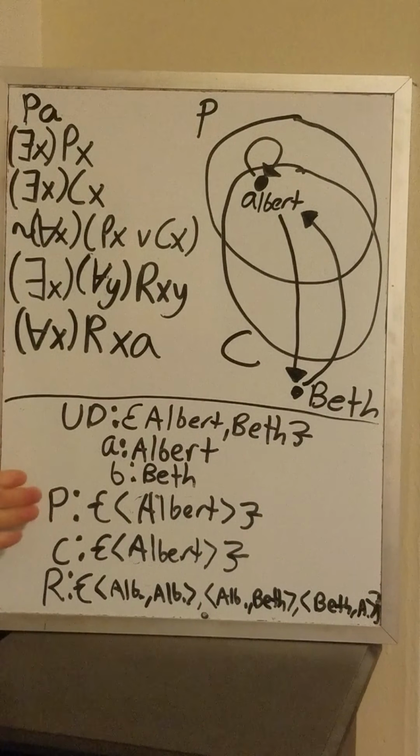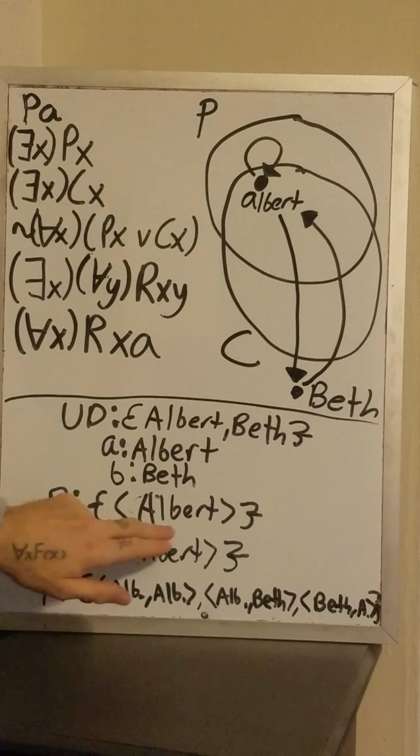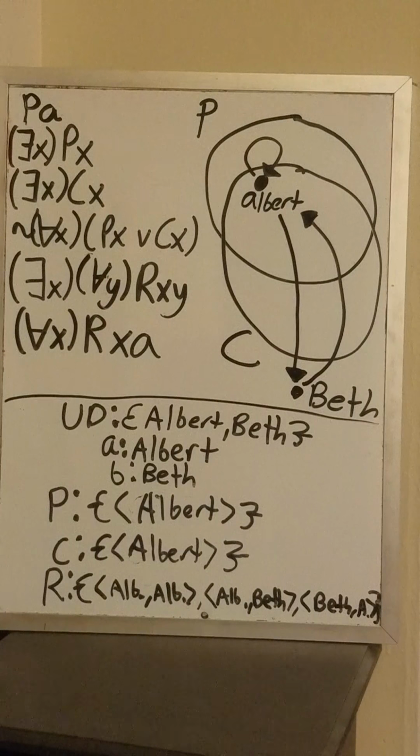Sometimes it helps to give these names and descriptions in English, like is a philosophy major, is a cat, respects or loves for these two-place ones. But we don't have to do that. As far as logic is concerned, all we need to know are the extensions of these predicates, meaning what's in them.